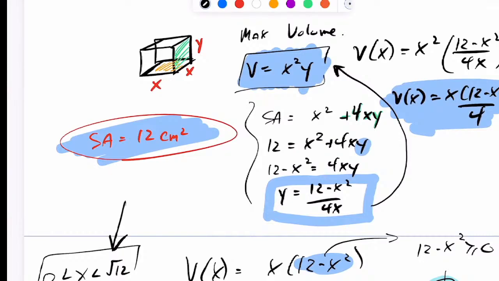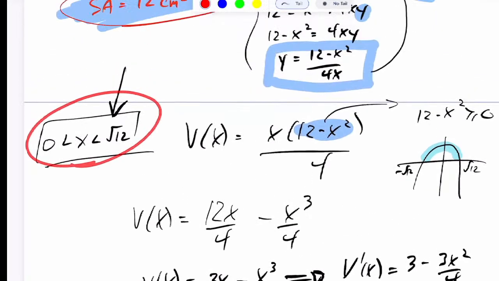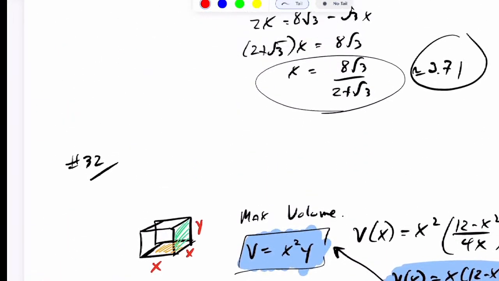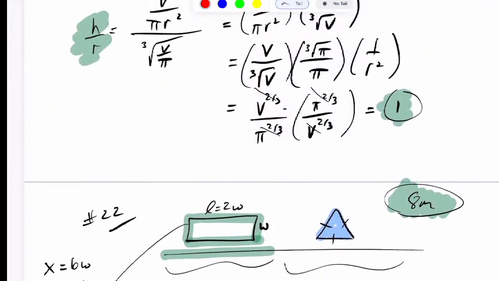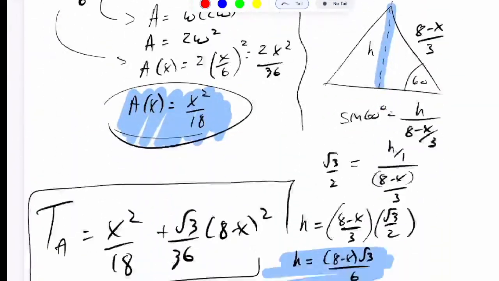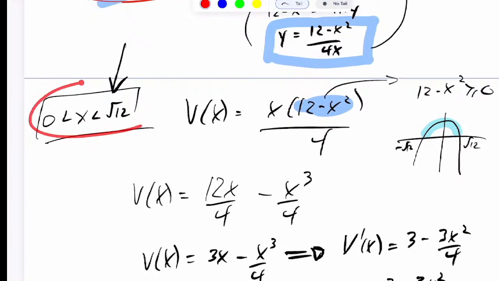If you don't find the endpoints, and you miss a critical point perhaps, then you have to double check. So typically, like the wire question has endpoints, like I was talking with Arj earlier. Those are the ones to consider. You want to come up with your constraints really quickly for your volume and surface area.